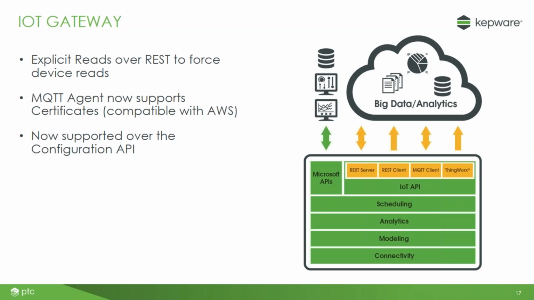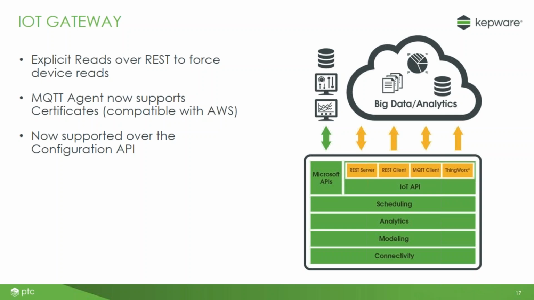Like I said, we introduced that in 2015, and in this release we're just continuing to enhance and improve it. Now we support explicit reads over REST to force a read down to the device, so you can ensure that the device is truly connected over that HTTP connection. And our MQTT agent now supports certificates, which means it's compatible with Amazon Web Services.